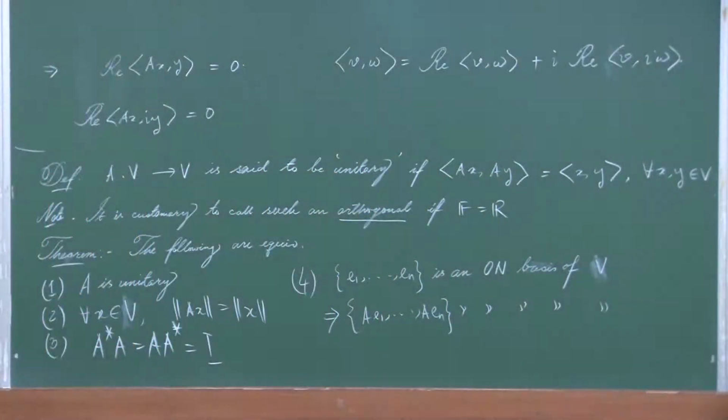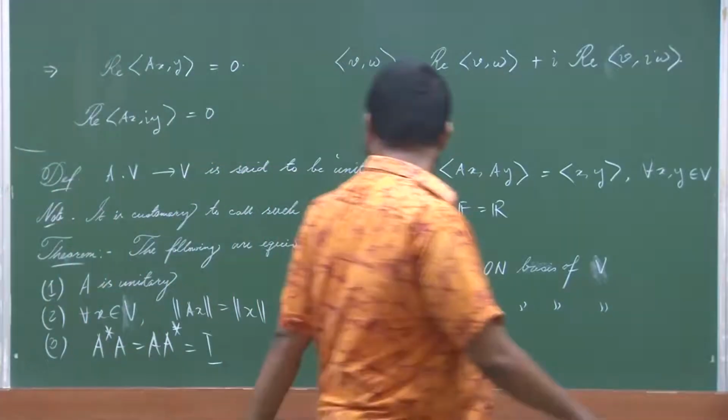So, whenever we have an orthonormal basis, its image will always be an orthonormal basis. Okay, let us try to prove this theorem.